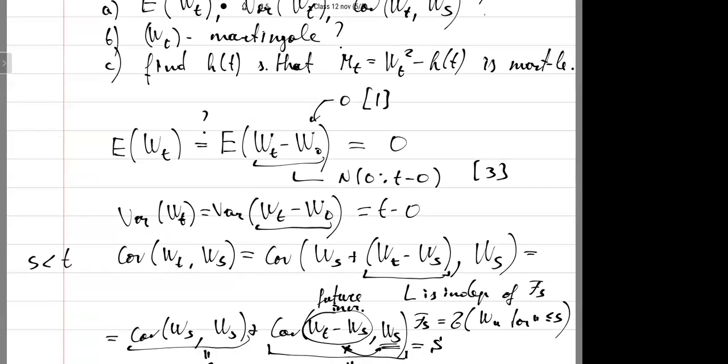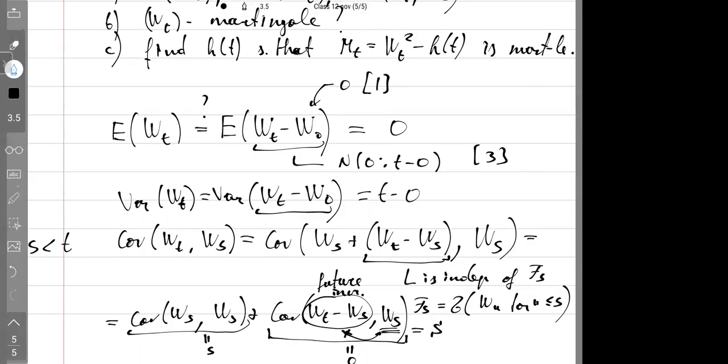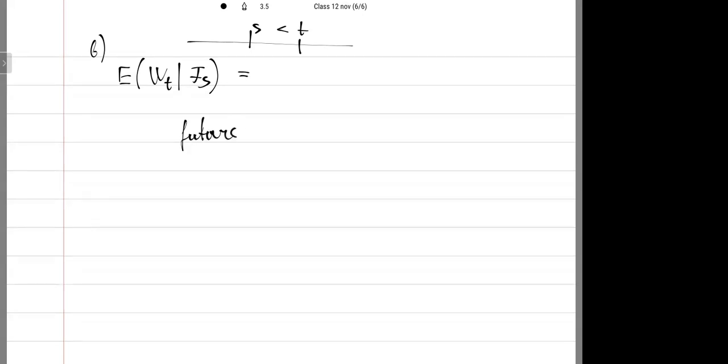Okay, let's check whether WT is a martingale. So it's adapted, and we need to check the expected value of WT given Fs, with S less than T. I use the same idea: I represent my future value as past value plus change.